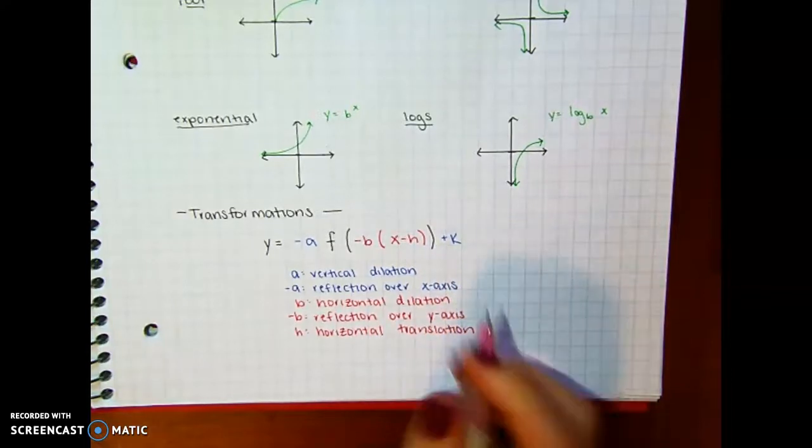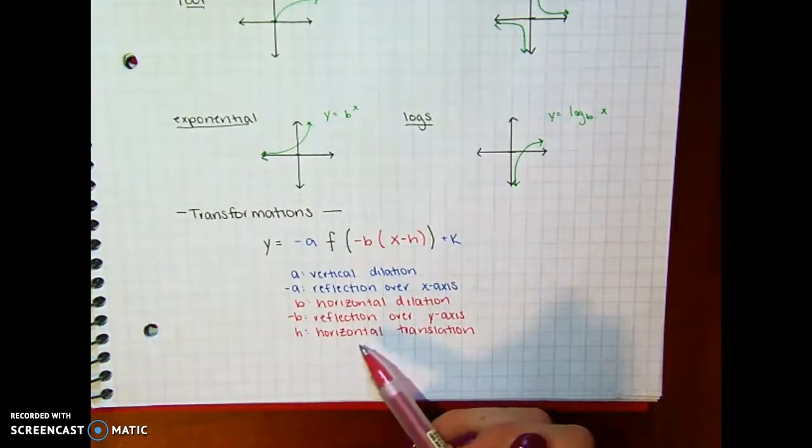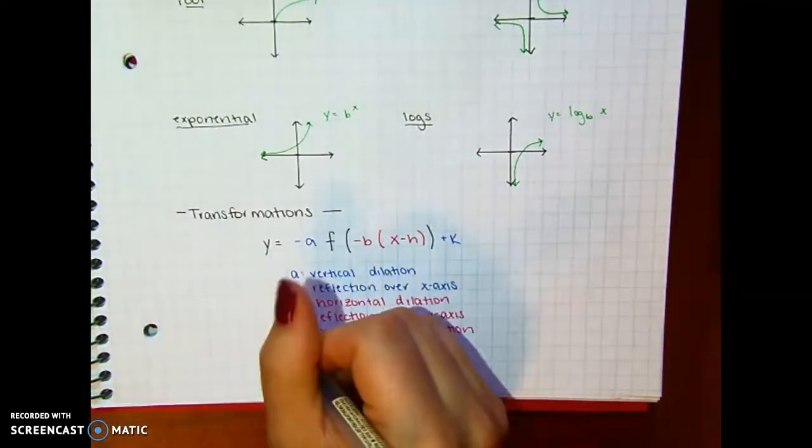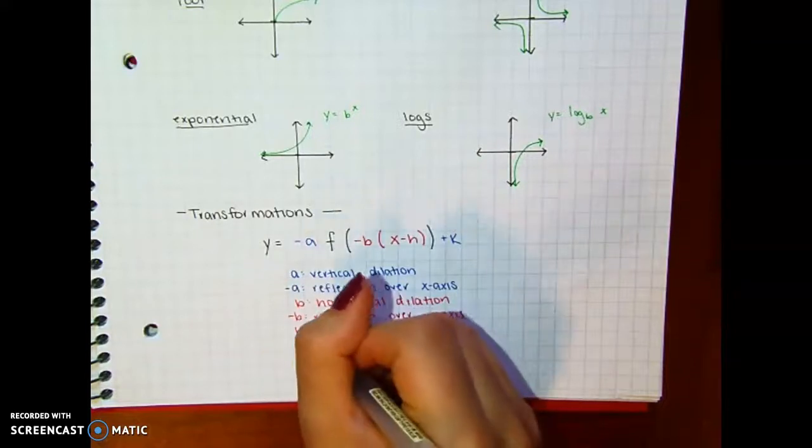And remember, it moves the opposite, so if it's minus, then it's going right. And k is a vertical translation.